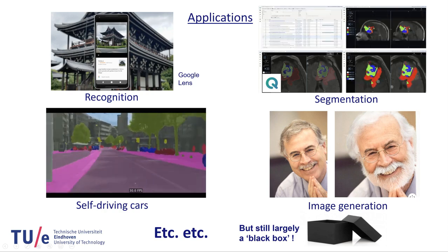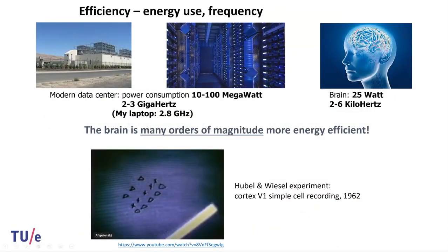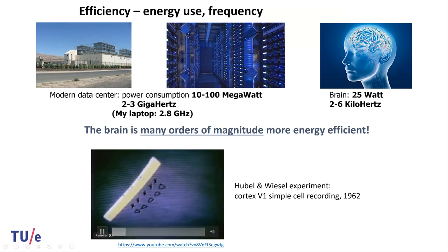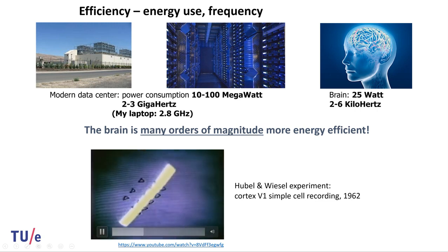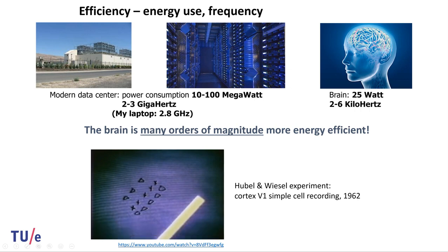So let's talk a little bit about what we call the very structure of the brain. And here, what we hear now is a very old experiment by Hubel and Wiesel. And you hear the cells. This was from 1962.